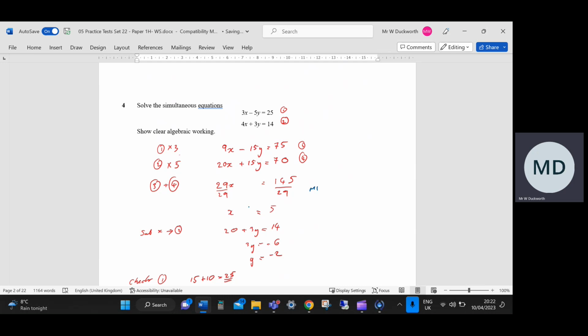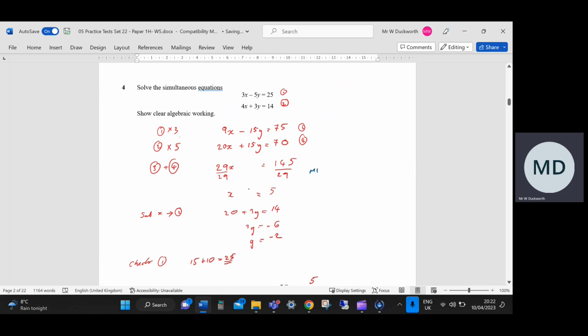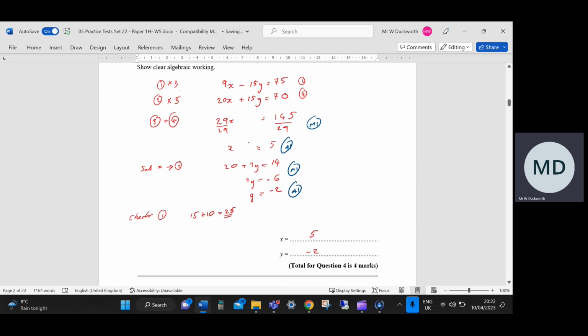M1 for substituting the variable to find the second variable, and then an A1 for my 4 marks. Well, technically I could have put my 2 A marks down there, but that's absolutely fine.